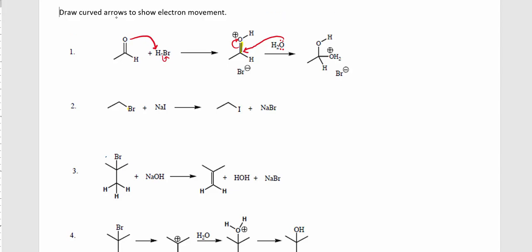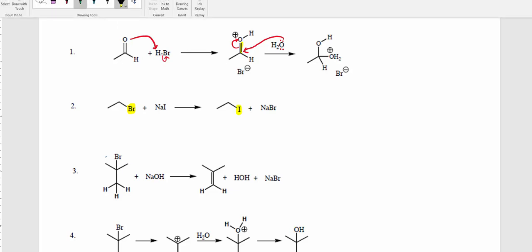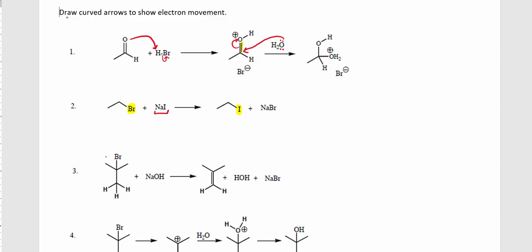Now here in number 2, I have a bromine attached to my ethane, and here I have an iodine attached to my ethane. Now, when we have a metal and a non-metal, we are delivering that non-metal as an anion. So we can treat this as its own nucleophile. So these are halogens. These halogens have lots of lone pairs.